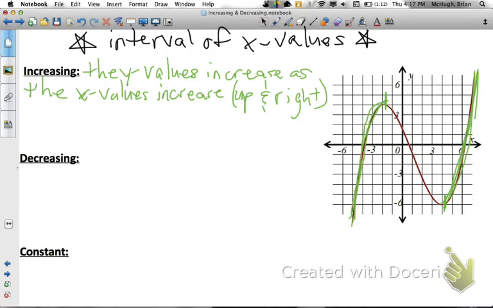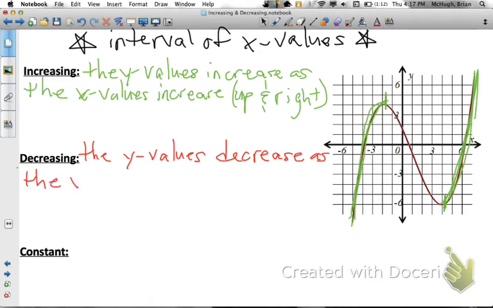Okay. What's happening in between there, as you might suspect, is the graph is decreasing, and that means the y values decrease as the x values increase.